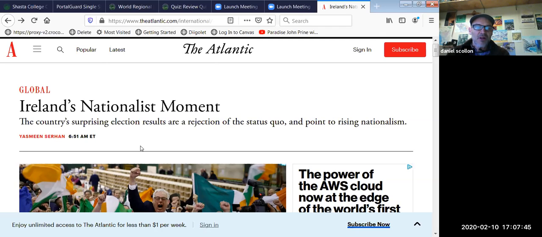With Brexit, now all of a sudden you have tighter border controls, less opportunity for people to work across the border, and this is obviously a concern. And so now what we see is a rise of the sentiments of trying to once again reunite Ireland under a single flag.